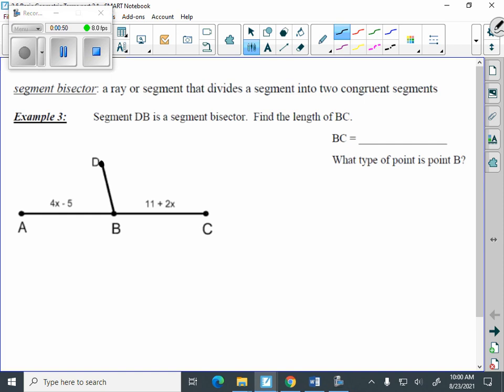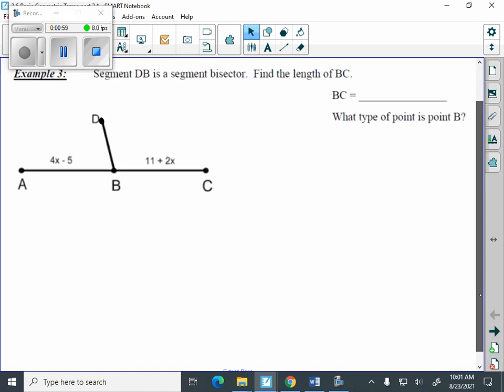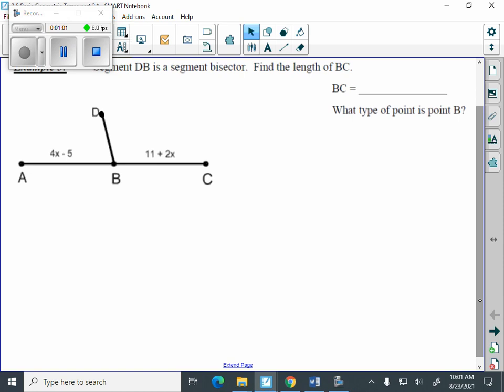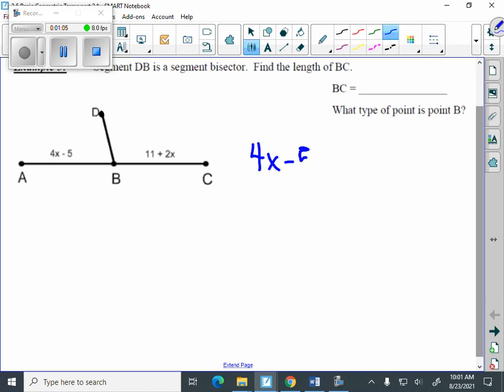As we look at the directions here, it says segment DB is a segment bisector, find the length of BC. So we're going to take 4x minus 5 and set that equal to 11 plus 2x. And we're going to solve that equation, which requires us to subtract 2x from both sides.